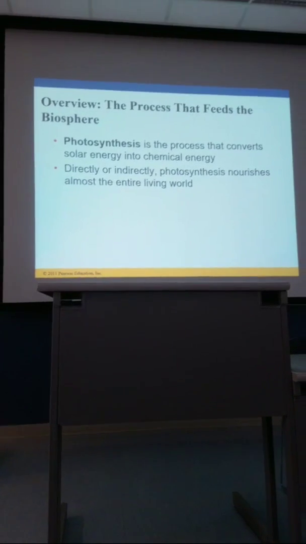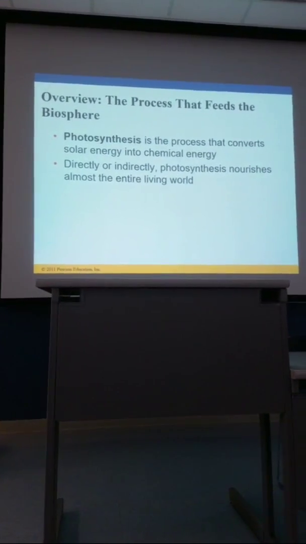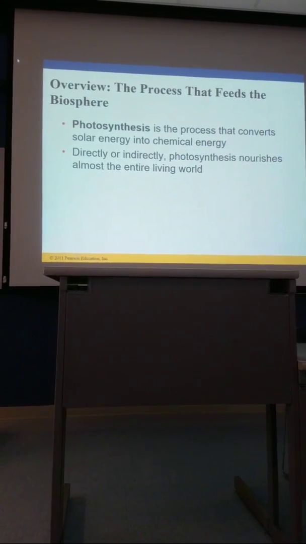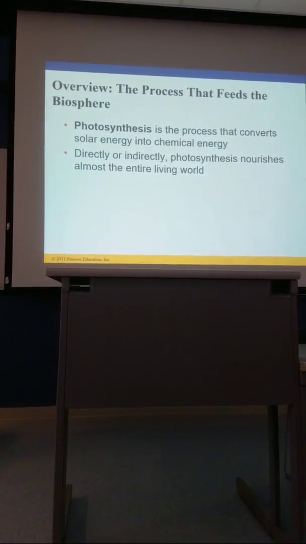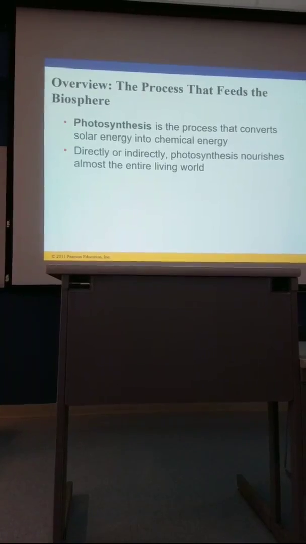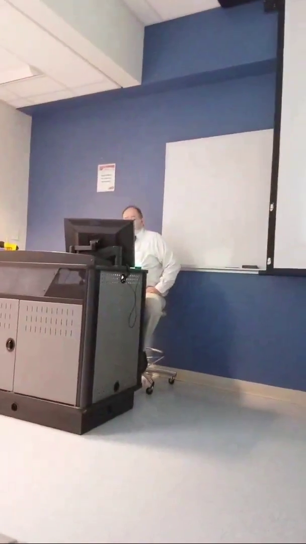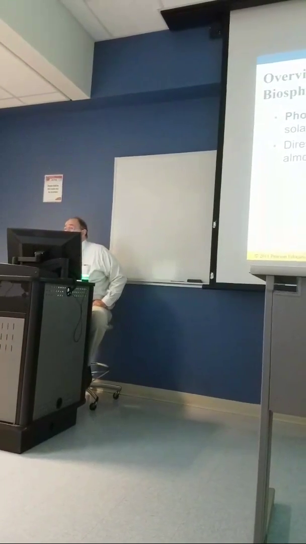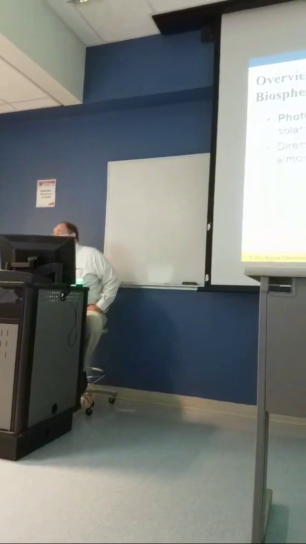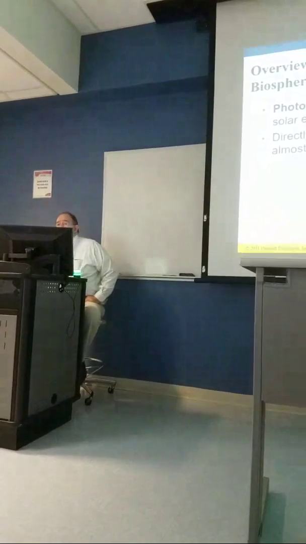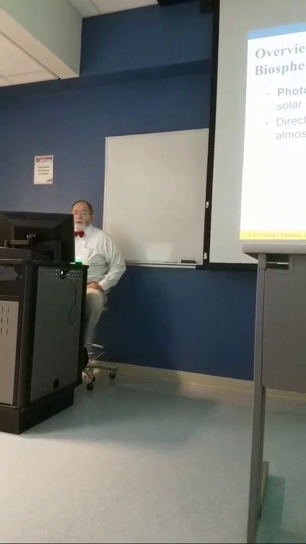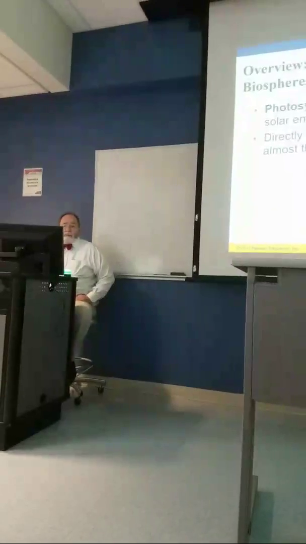There are some bacteria that have learned to metabolize chemicals down in some of the deep vents in the ocean, so they can actually break chemicals apart and get energy. Those are exceptions. There's not very many. But for most purposes, all energy comes from the sun. So if you're asking the question, where does energy come from? The sun.